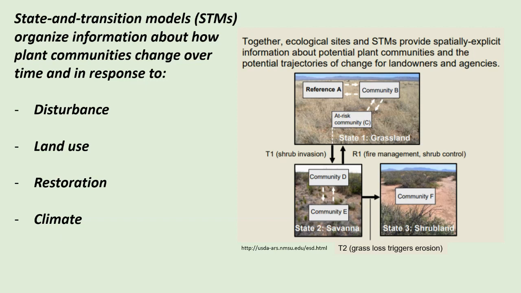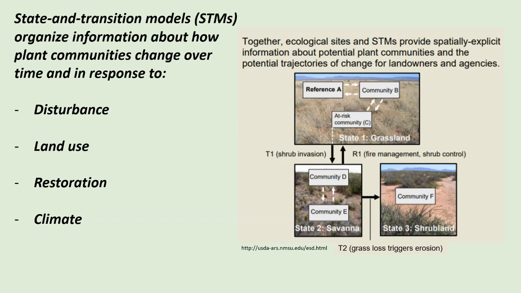So in this example, we see shrub invasion as a transition, T1, between the grassland state and the savanna state. And we see R1, which is fire management and restoration via shrub control, can transition the savanna state back to a grassland state.